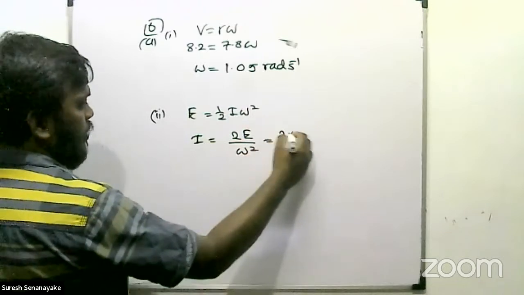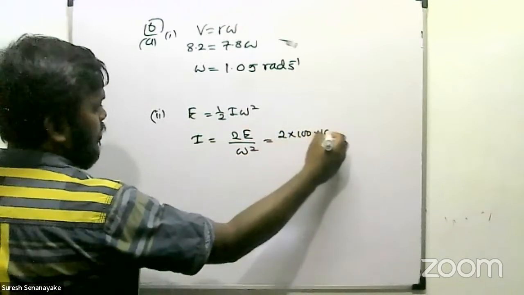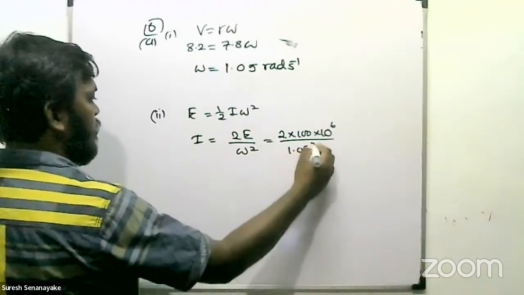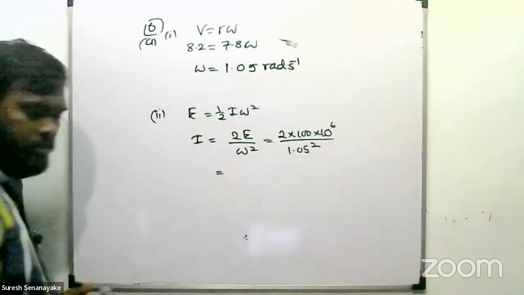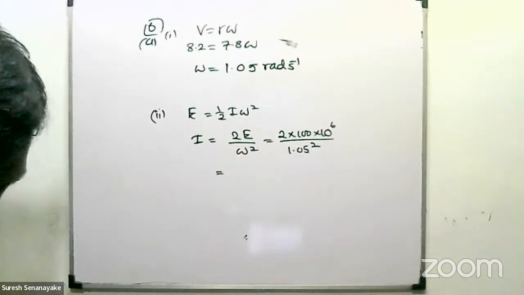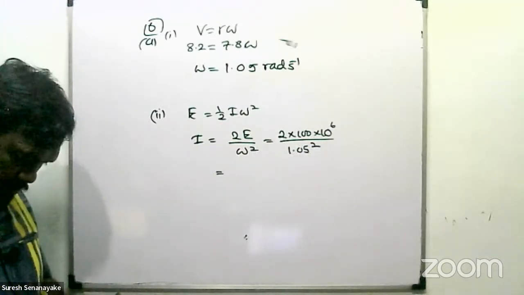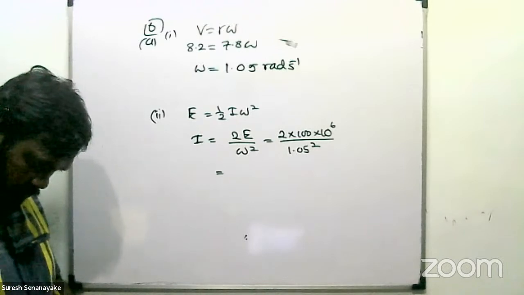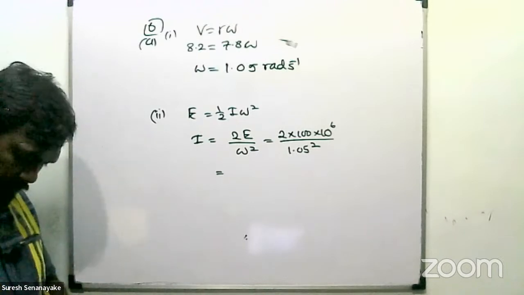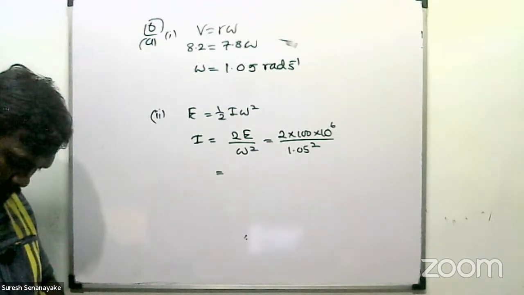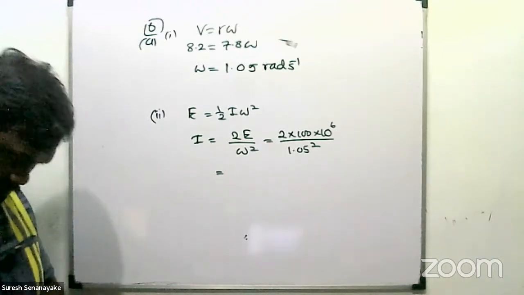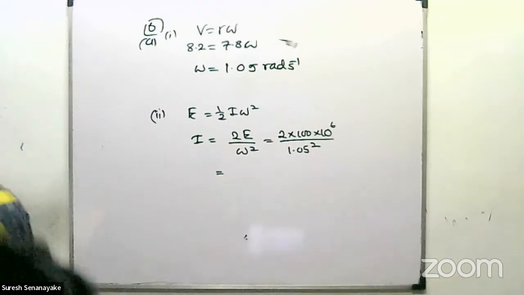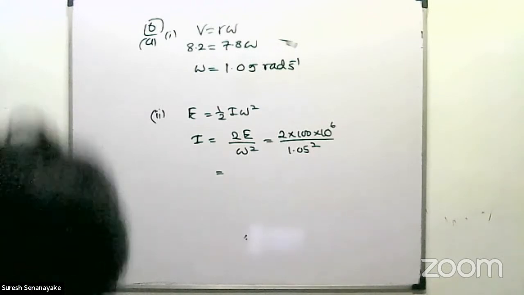That's 2 times 1000 megajoules, 10 to the 6, divided by 1.05 squared, which is 1.81 into 10 to the 8.